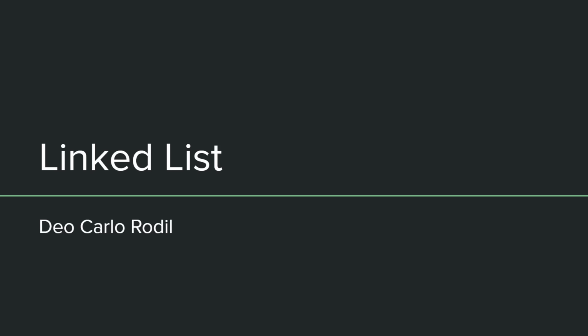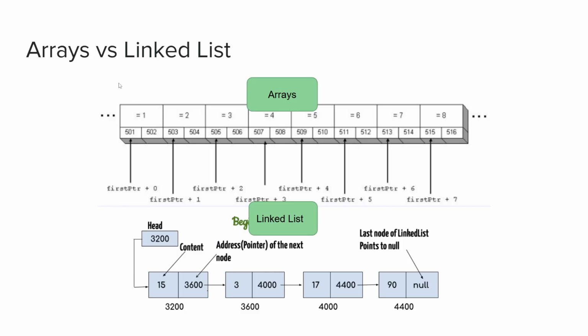Ang arrays kasi, the difference of arrays and linked lists is arrays are automatic, andito na yung mga address niya. It is automatically set by compile time or whatever. Let's say you have to give a size, an int array of 10 elements.